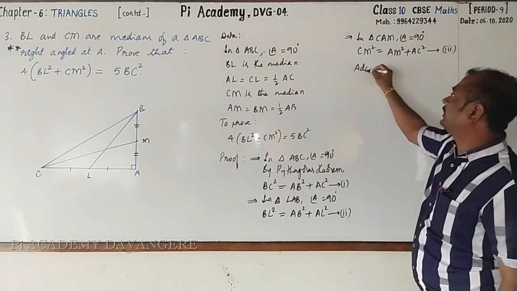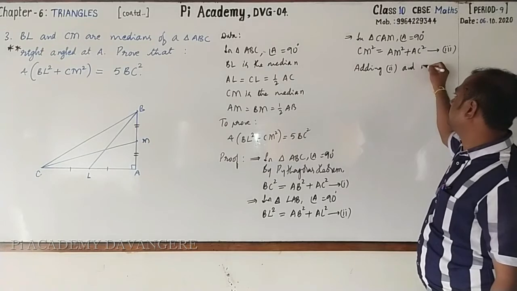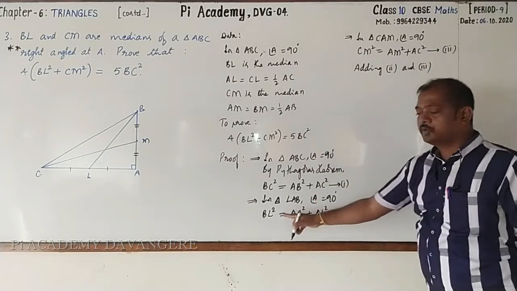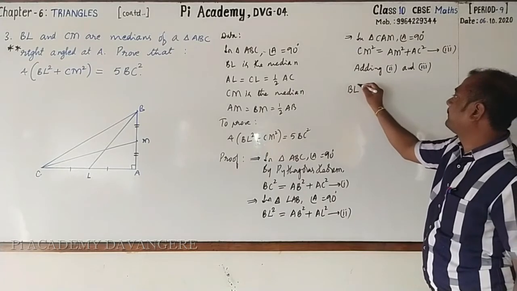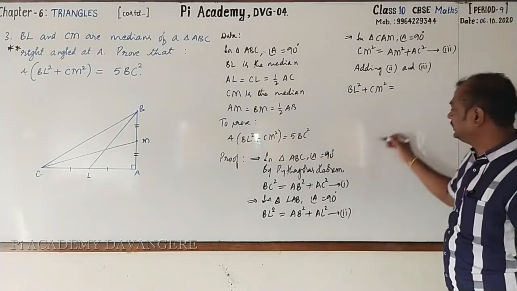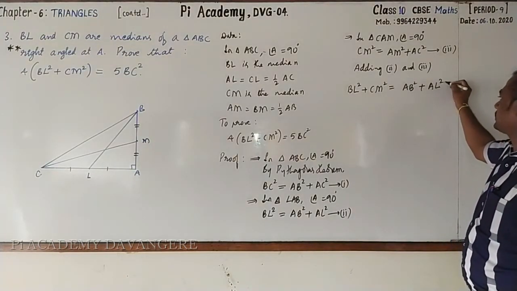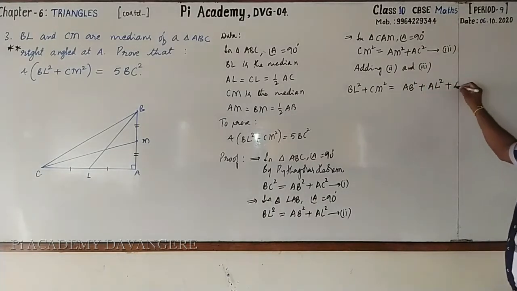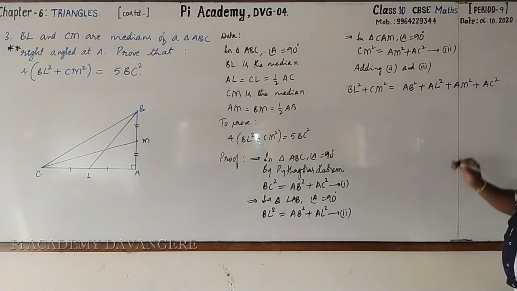Adding statement 2 and statement 3. First add the LHS part: BL square plus CM square, which is equal to the RHS part: AB square plus AL square plus AM square plus AC square.